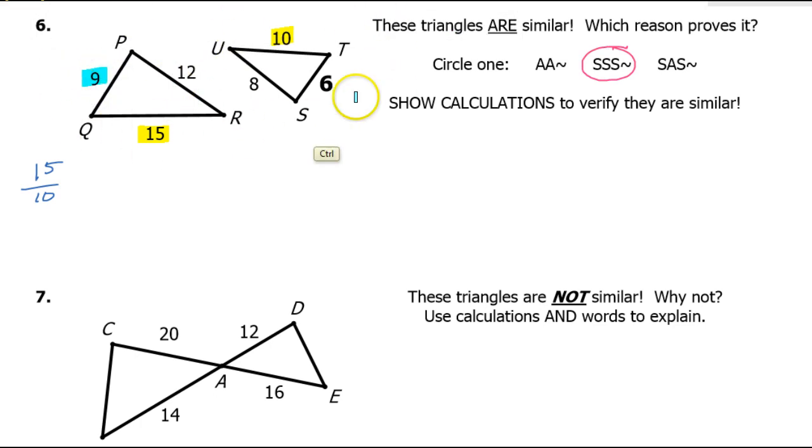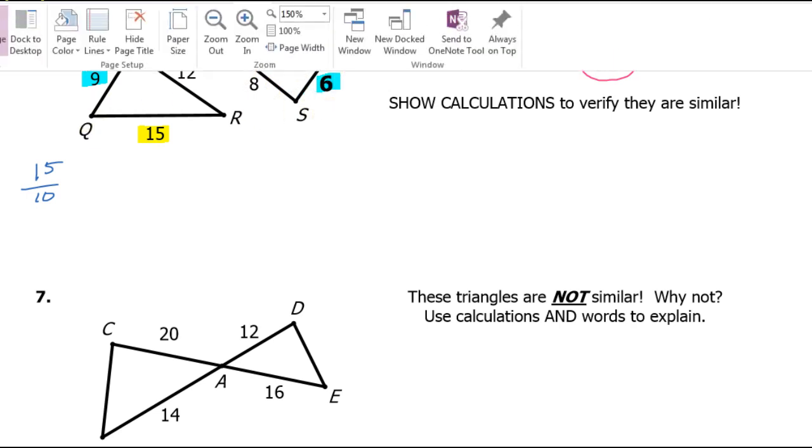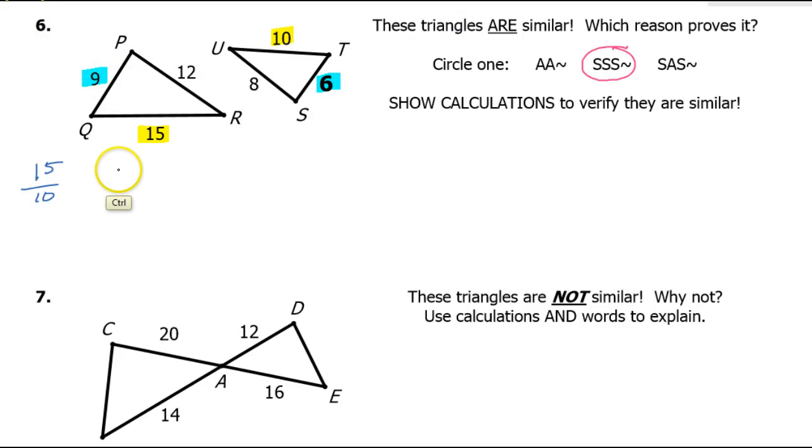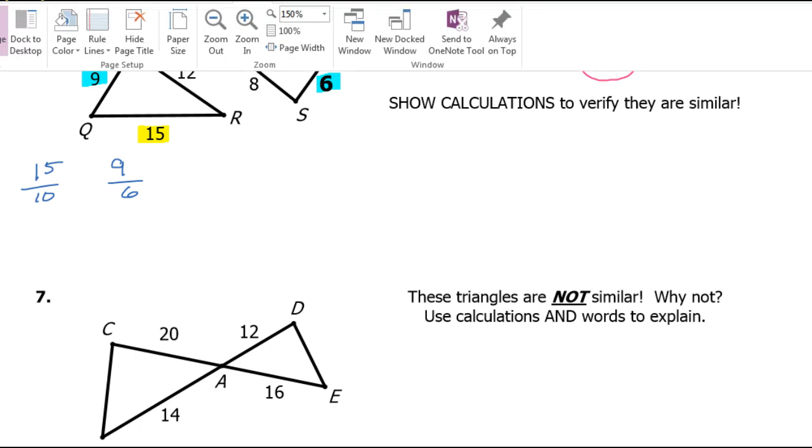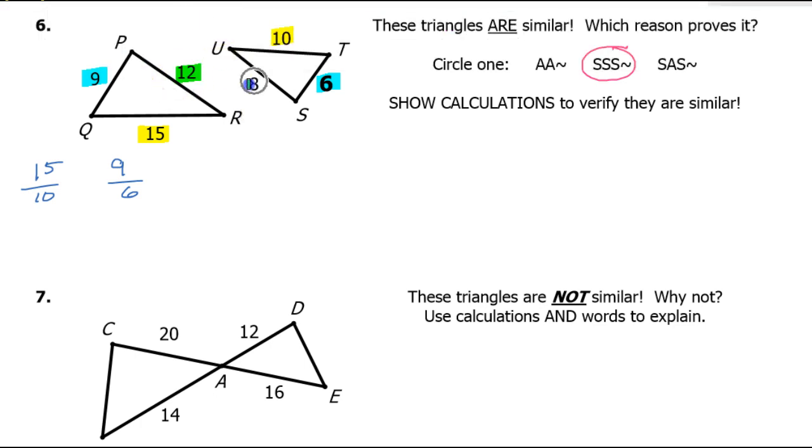The smallest side of the second triangle is 6. So those would be corresponding, so that would be 9 over 6. And then the remaining side is 12, and the remaining side is 8, so that would be 12 over 8.